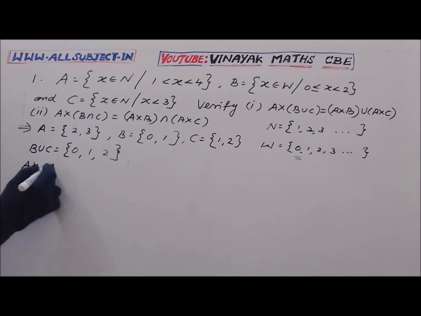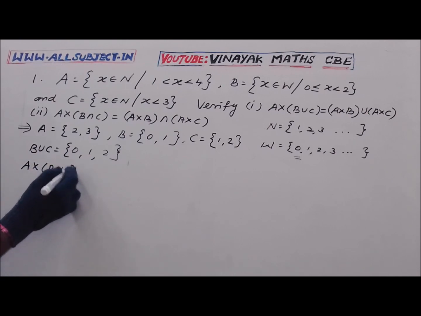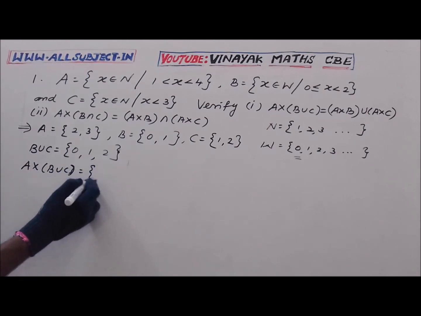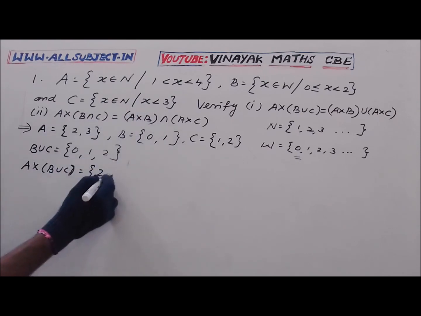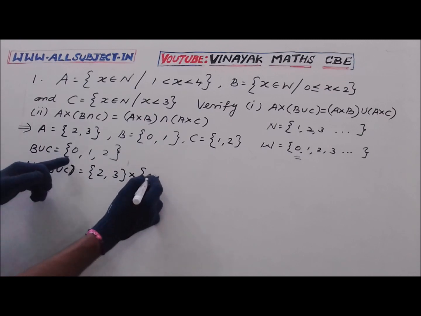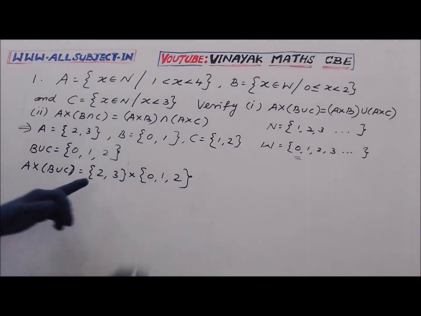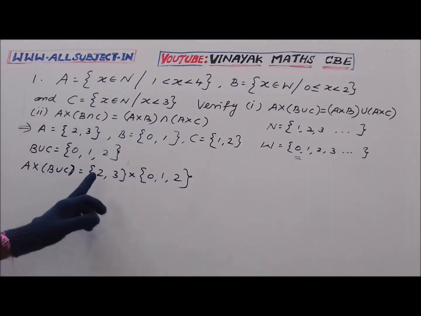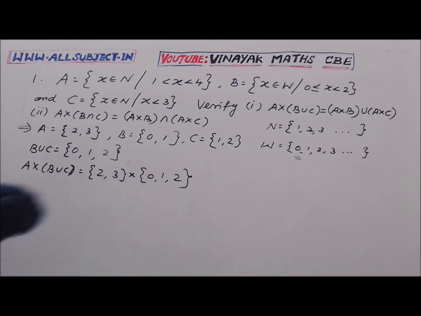A cross (B union C) will be equal to set A, which is 2, 3, cross 0, 1, 2.